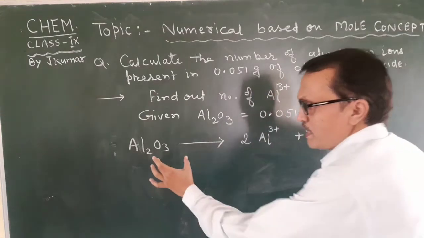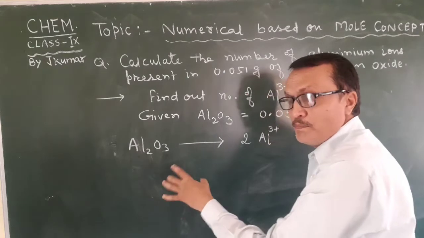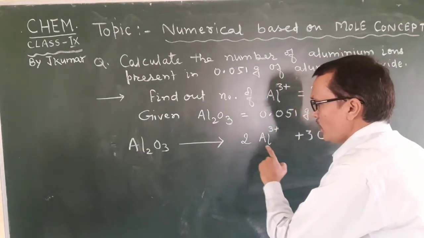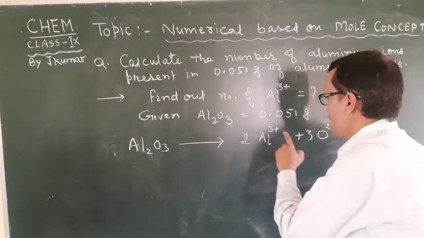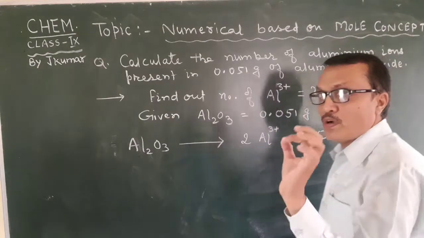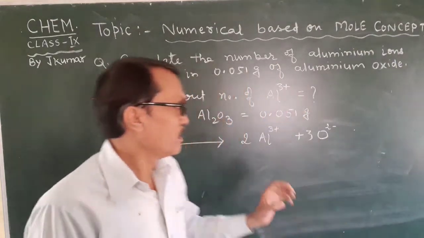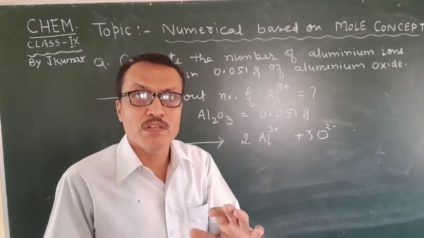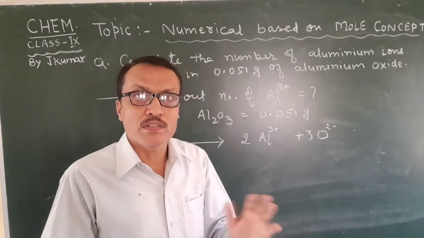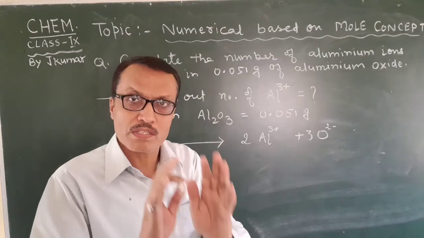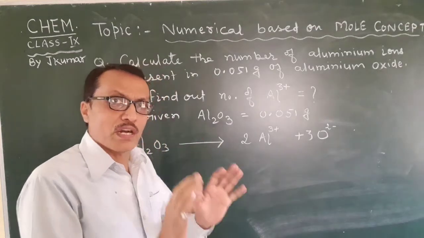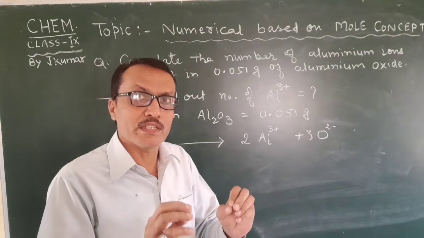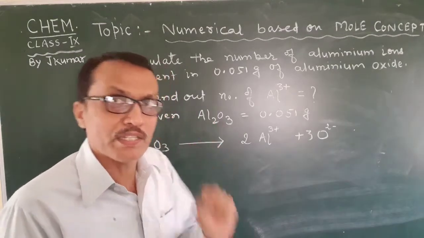So students, when aluminum oxide decomposes, it releases 2 moles of aluminum ions and 3 moles of oxide ions. Here we will ignore oxide ions because the question does not ask about them. The question asks about aluminum ions, so we will consider aluminum ions.